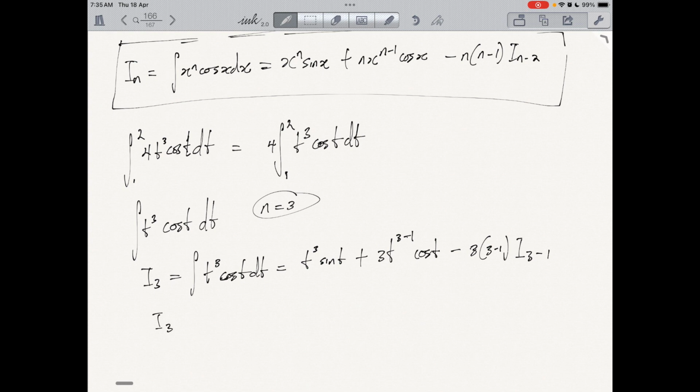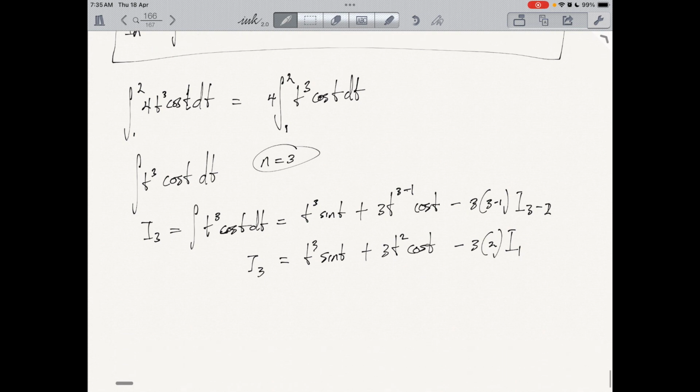Therefore we know that our I_3 will be t^3 sin t plus 3t^2 cos t minus 3 into 2 of I_1. Therefore I_3 will be t^3 sin t plus 3t^2 cos t minus 6 I_1.